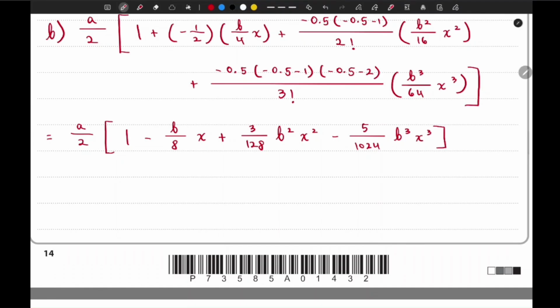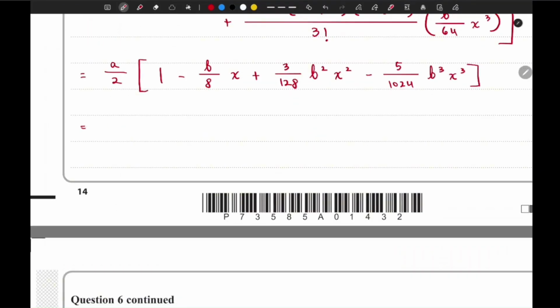And then we need to multiply it with a over 2.